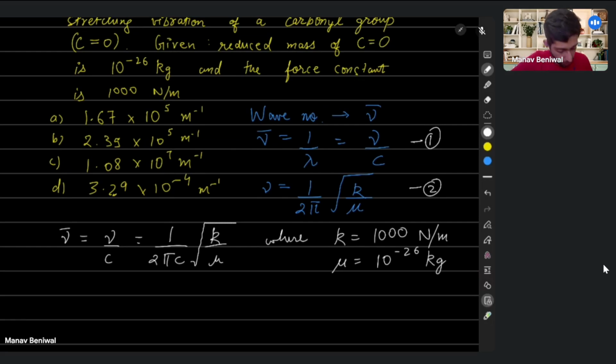So let's plug in the values. 1 over 2 pi, 3 into 10 to the 8, right? This is what we have outside, and inside what we will have is 10 to the 3 over 10 to the minus 26.